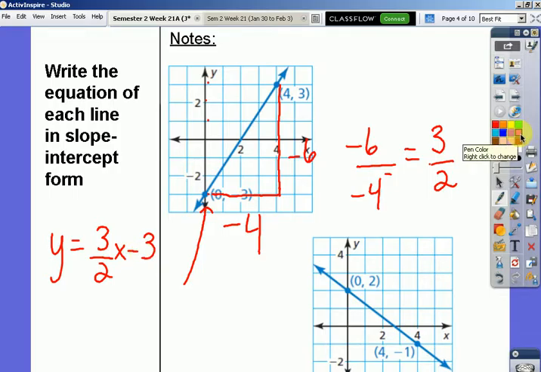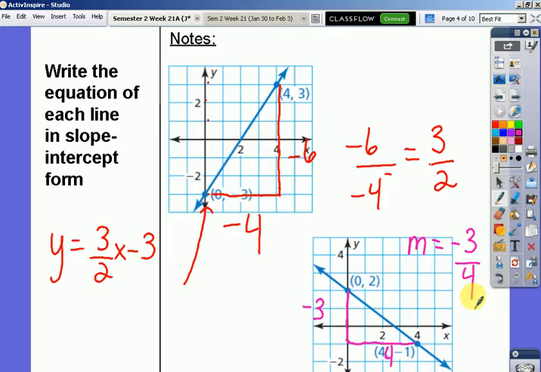Okay, so the next one, we're just going to look at the slope again. This is going by 1s, so I'm going down 1, 2, 3. So negative 3. And I'm going over how many? 1, 2, 3, 4 to the right. So will that be positive or negative? Positive. So what's my slope? Negative 3 over positive 4.